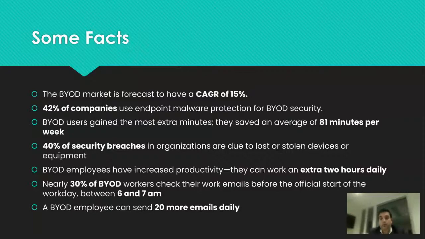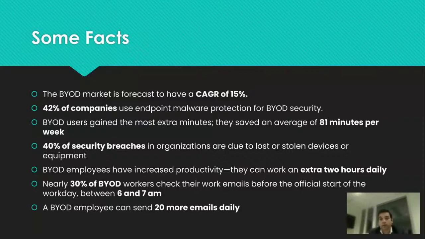At the same time, 40% of security breaches are due to lost or stolen devices. That's why I was saying this is the most important thing, that organizations do not want to lose email, because that's the highest reason for security breaches. And you are having 2 hours of extra time daily. It could be before bed or right after bed, that you are more productive.